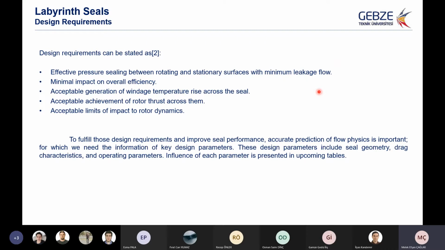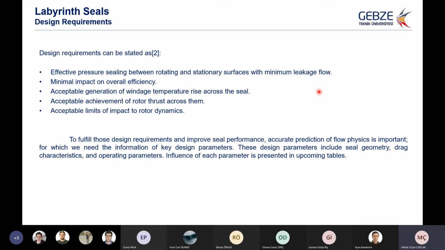And I want to talk about the design requirements of labyrinth seals. Obviously, we want effective pressure sealing between rotating and stationary surfaces with minimum leakage flow. This is the main task. It should have a minimal impact on overall efficiency, an acceptable windage temperature rise across the seal, and acceptable impact on rotor dynamics.